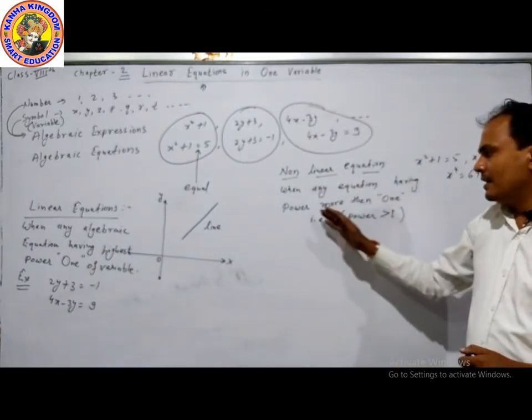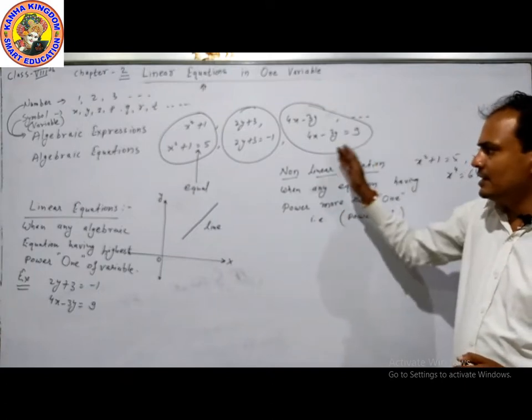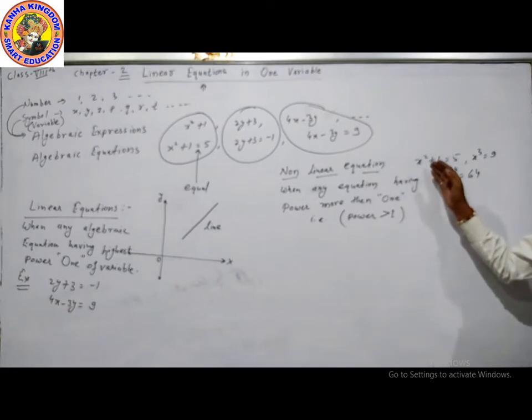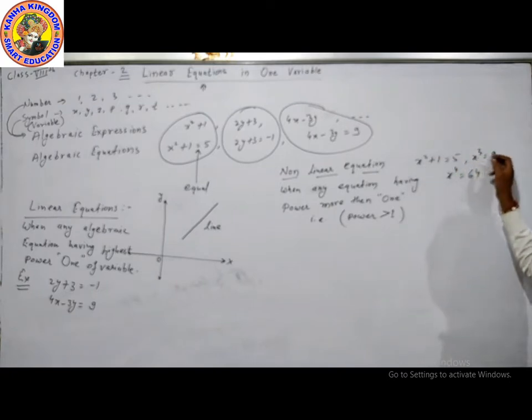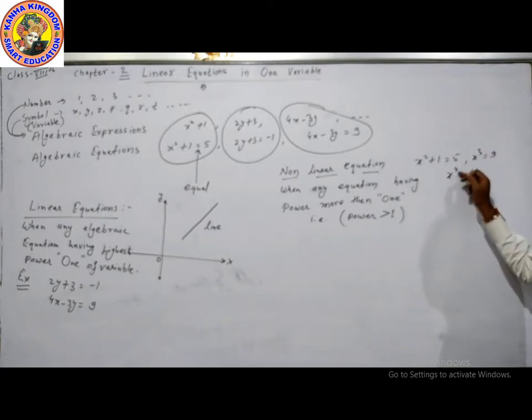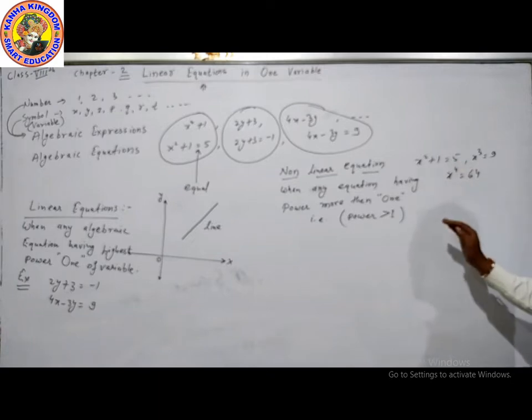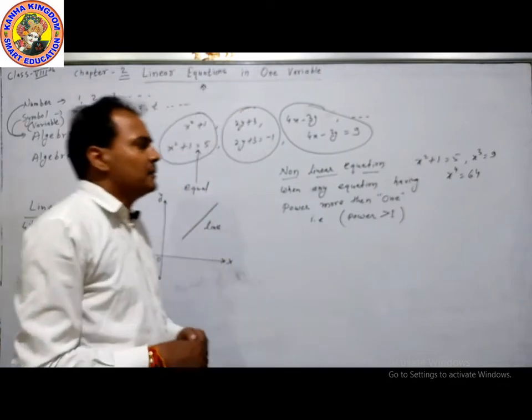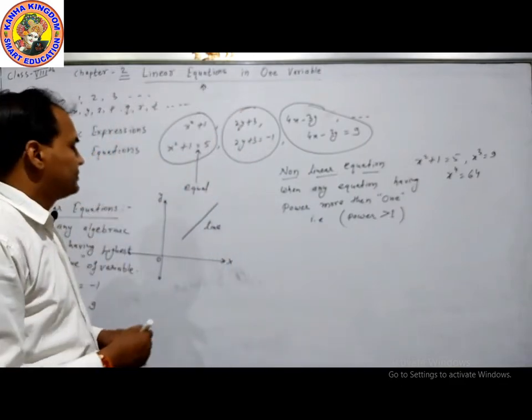When power is more than 1, the equation is called non-linear. For example, x square plus 1 is equal to 5, power is 2; x cube is equal to 9, power is 3; x to the 4 is equal to 64, power is 4. When power is greater than 1, the equation is called non-linear.